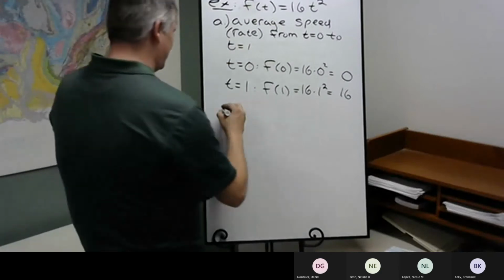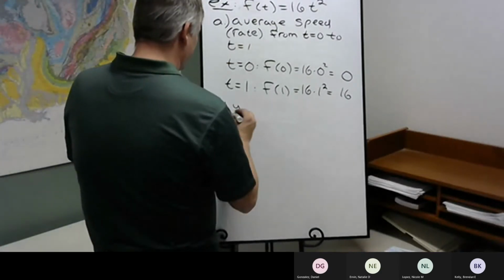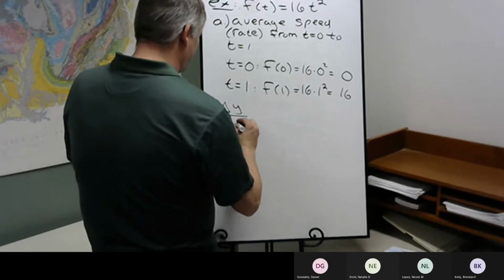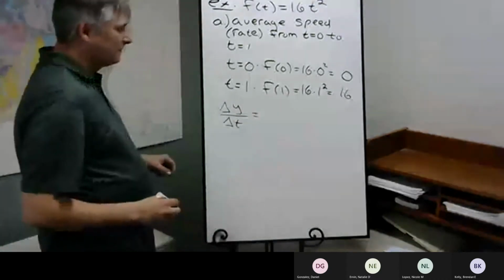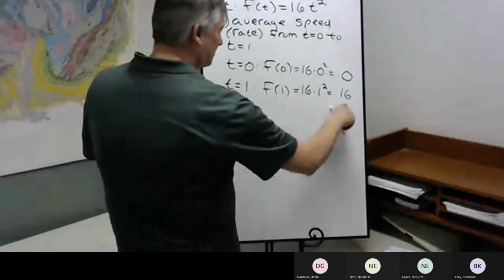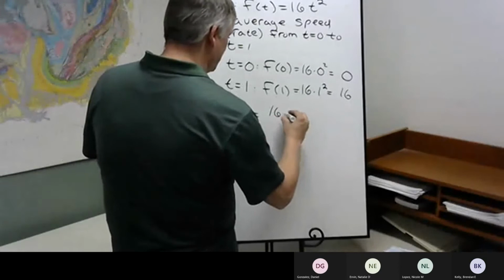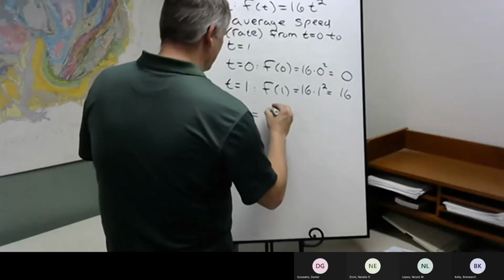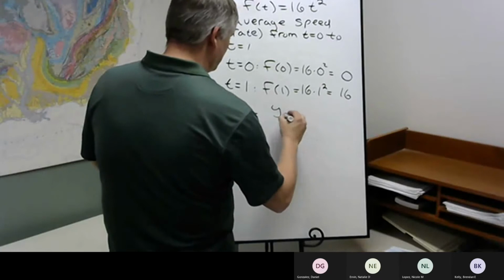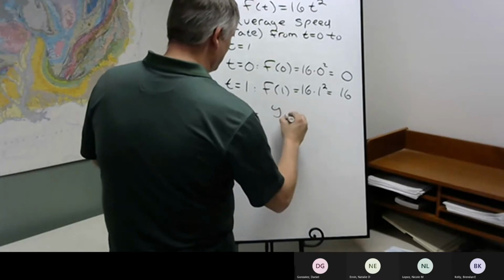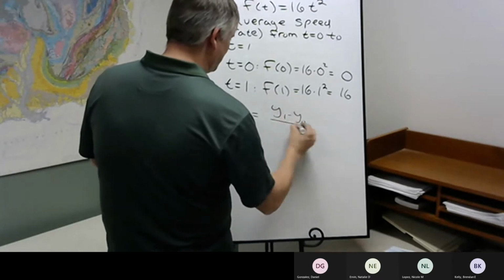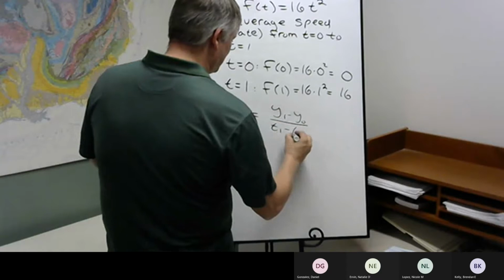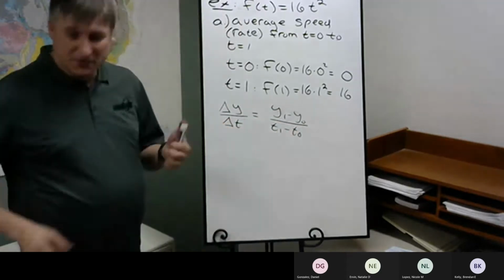So delta y over delta t, or 16 minus 0. Well, here, I'll be a little more specific. Still go with y1 minus y0 over t1 minus t0. It doesn't hurt to have the labels.